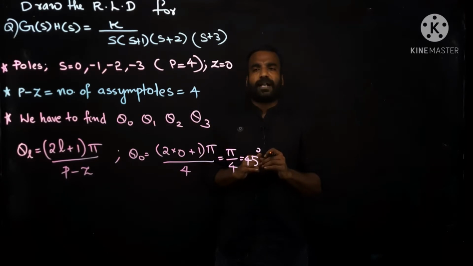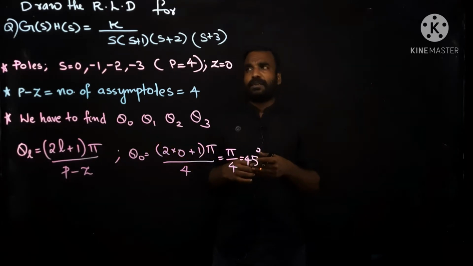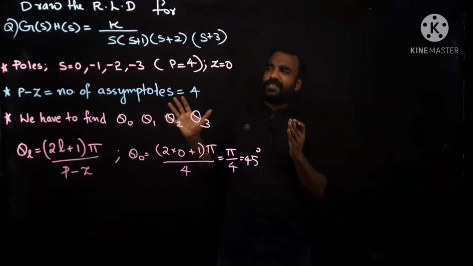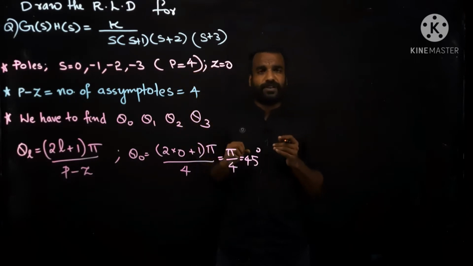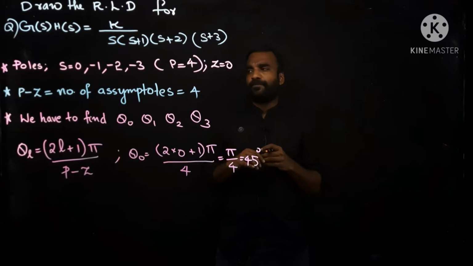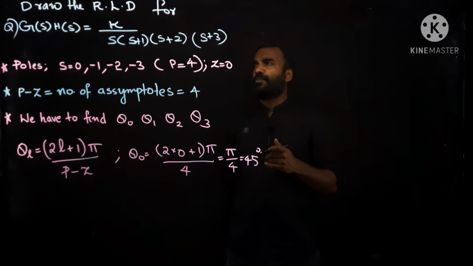So today we are directly moving to a problem which may or may not require all the rules, I don't know. So how can we decide which rules we need for completing the root locus diagram? Okay, let us try by viewing this problem.